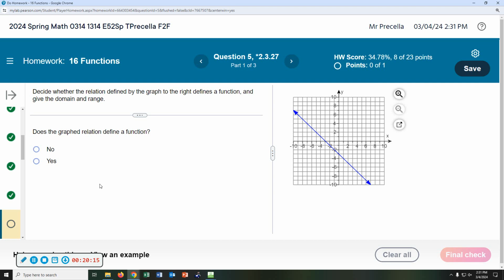I'm drawing a graph which isn't nearly as good as the one that's showing up on the screen. So it looks like it intersects at -3 and -3. Although I'll tell you this much, any slanted line will have the same answer, okay? No matter if it's a slanted line, they're all either functions or not, and they have the same domain and range. So even if your graph isn't that accurate, Tony.